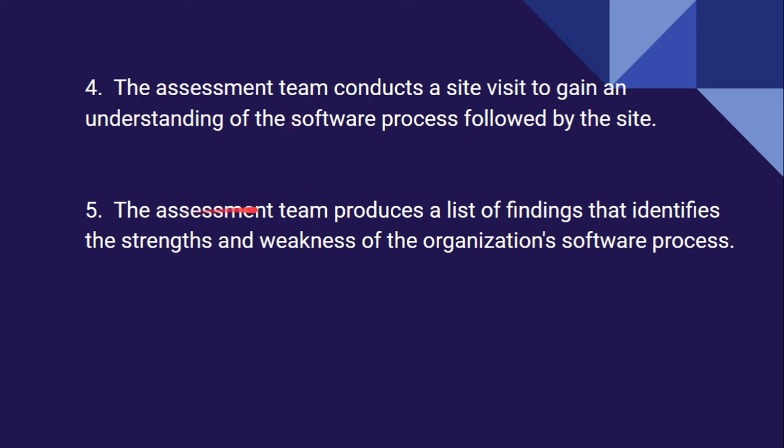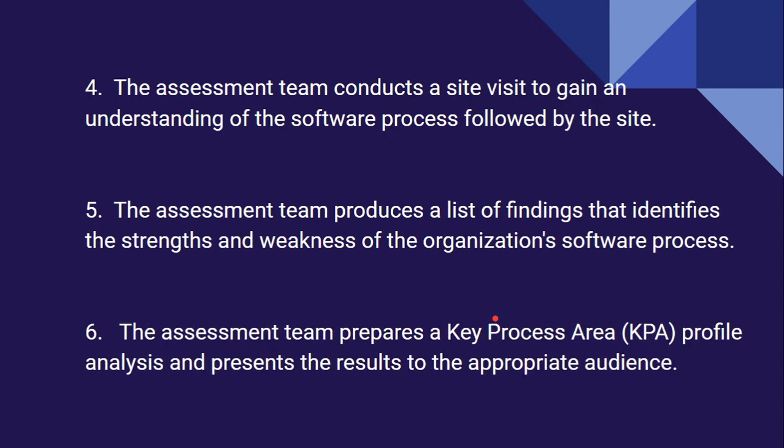And then the assessment team produces a list of findings. So once the team of people sit and analyze what they have found out from the site visit as well as from the questionnaire responses, they'll be able to find out what are the strengths and what are the weaknesses of the organization's software process. So based on that, they may suggest some new techniques or methods so that they can prepare a key process area profile analysis.